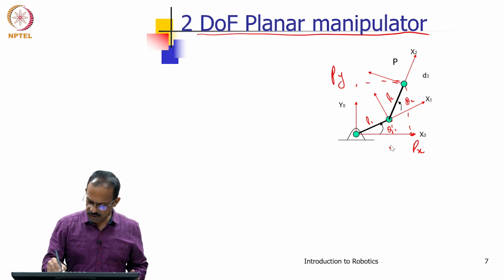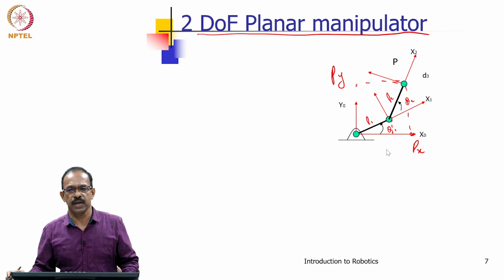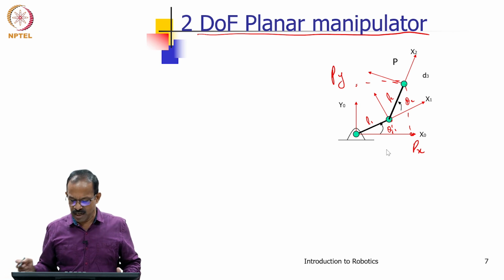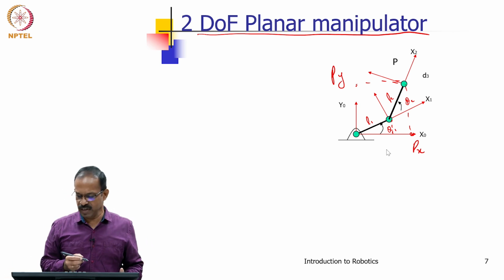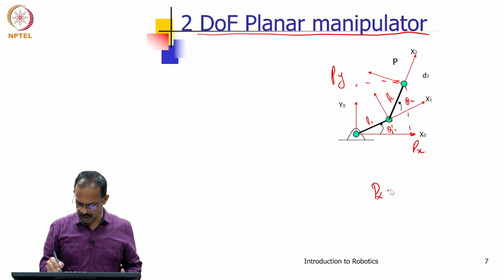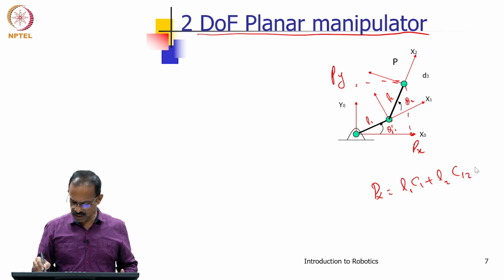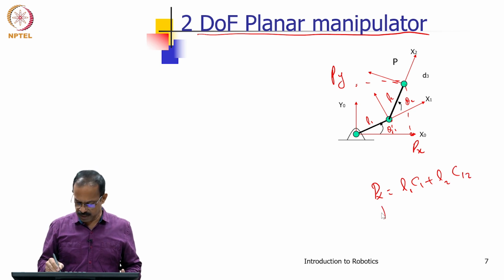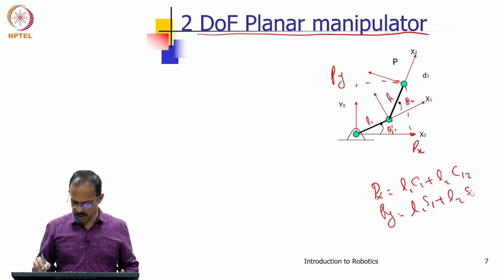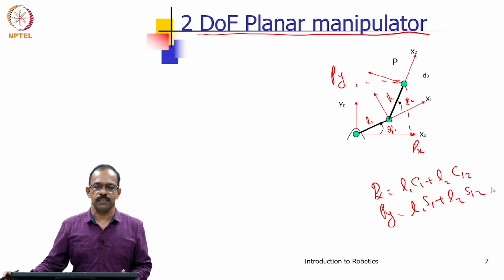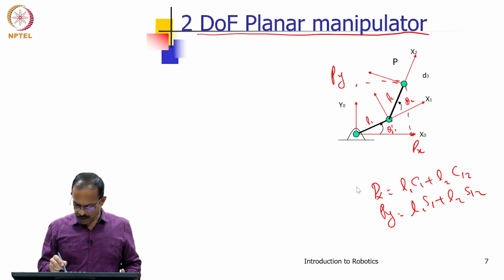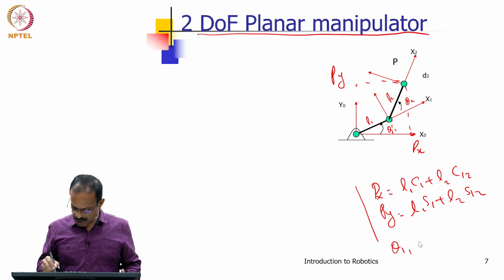This being a simple 2 degree of freedom planar manipulator, we can write px and py very easily. px can be written as L1 cos theta 1 plus L2 cos theta 12. Similarly, py can be written as L1 S1 plus L2 S12. Now, we need to solve for theta 1 and theta 2.